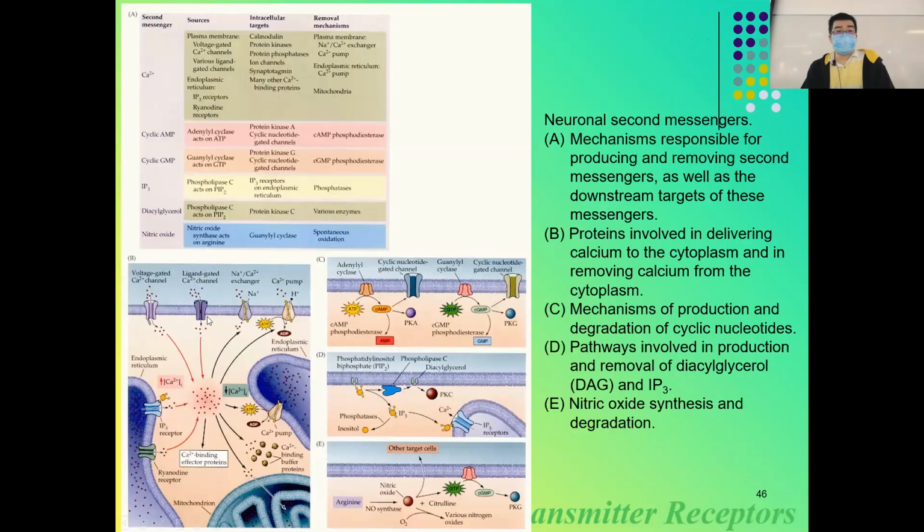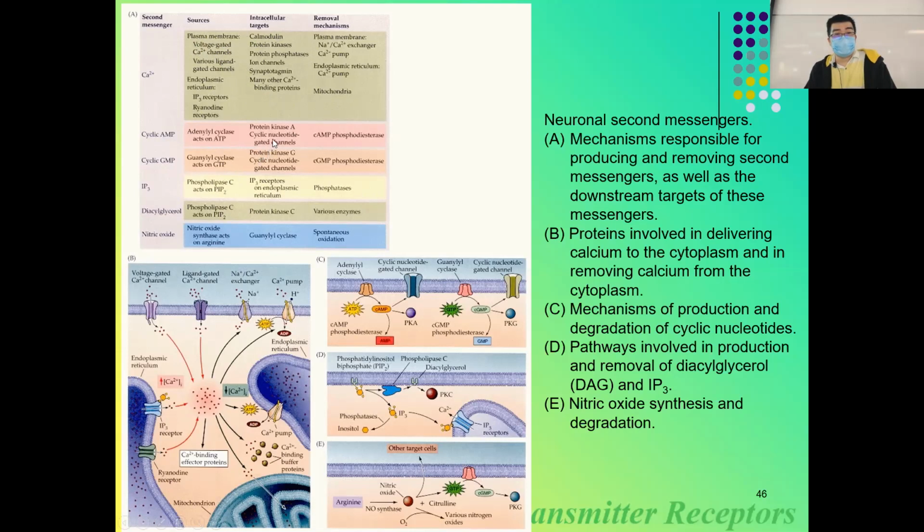So here's some examples of the calcium secondary messengers. There's calcium, the sources, for example, endoplasmic reticulum, and also the voltage gated calcium channels. Okay, there are targets. You can see some of those targets over there. Cyclic AMP and cyclic GMP.